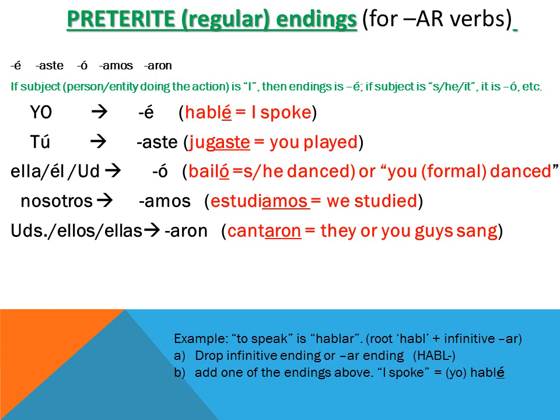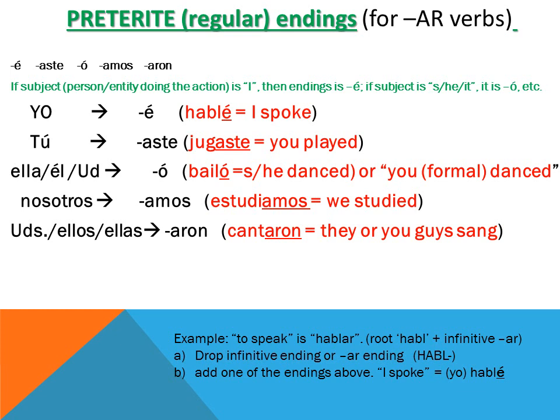For example, if the subject is I, first person, then the ending is accented É. But if it's she or he, it should be accented Ó. So, yo is é, tú is aste, ella, él, usted is ó, nosotros is amos, and the rest is aron.